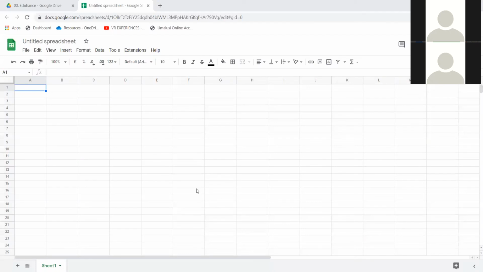Okay, so you should be able to see Google Sheets in front of you.